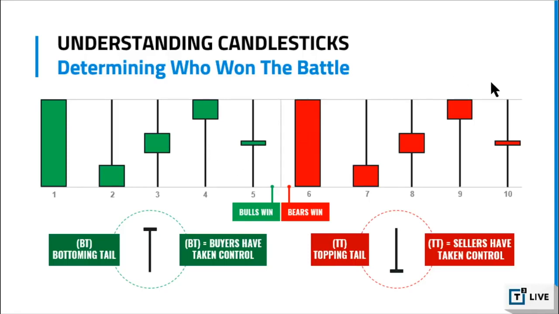Now on the right side of the slide here, the set of red candles is the same as the green candles that we went over, except in reverse, meaning these are all red candles. In each and every case, if you shorted the stock, you'd have actually made money.